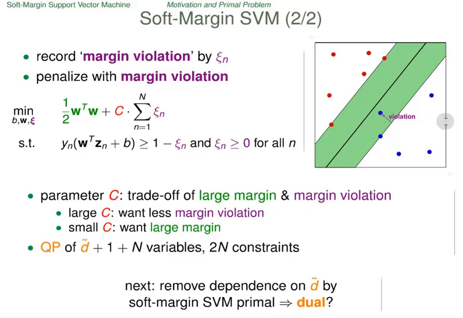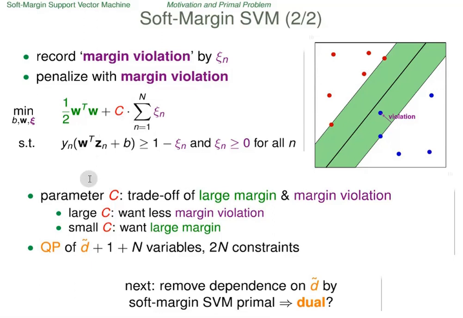Right? Note also that if a point satisfies the following inequality with the xi being 0, then the margin will not be violated. And again, the corresponding xi for that point will be 0. Ideally, we would like the total sum of the margin violations, as represented here, to be small.